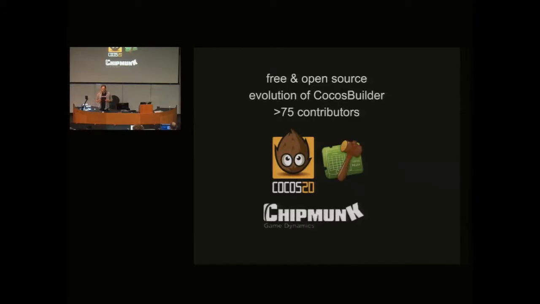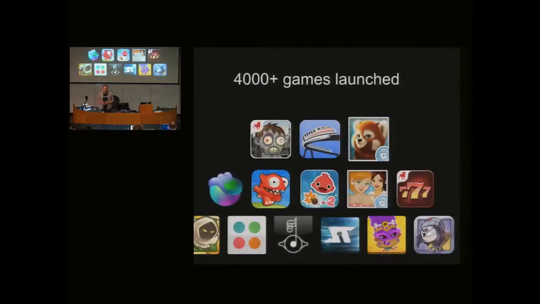And many of the contributors to these projects are employed full-time at Apportable working on this. There's over 75 people that have contributed to this code base, and over 4,000 games have launched using Cocos 2D iPhone. The icons that I have here are games that launched on both iOS and Android, although a lot of the games are currently iOS only. I'll talk about why that is.